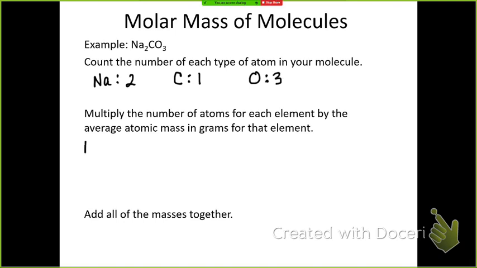So now for each element, I'm going to take the number of atoms times the average atomic mass on the periodic table.